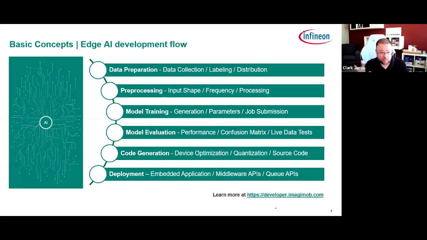All of the pre-processing that we set up in the earlier sections, generating the C code to be able to do that on the embedded device. At the end of the day, what I need is actual source code, so I can generate source code that I can then take and put into my embedded application. And that's what feeds us into the deployment side.